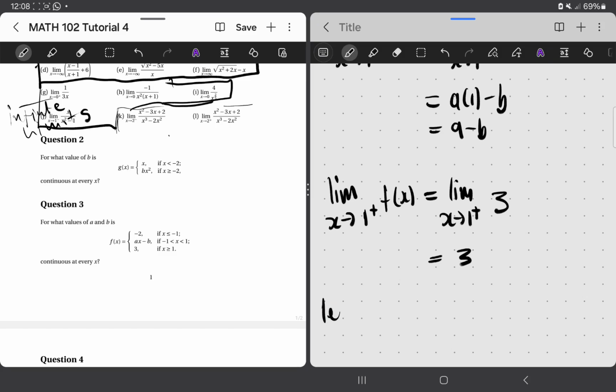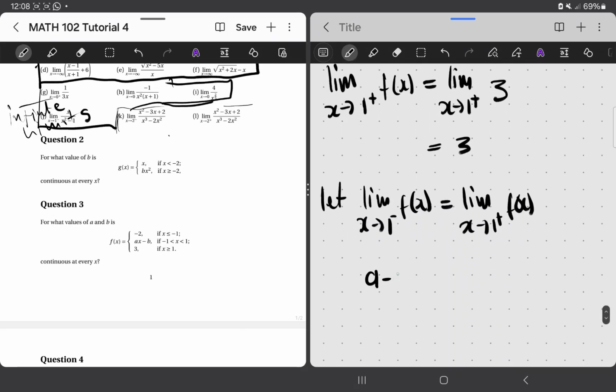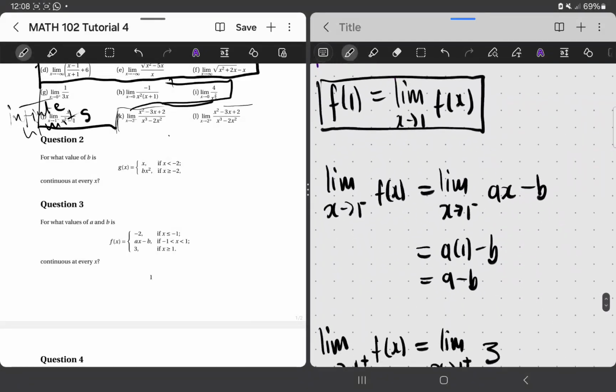So now we're going to let the limit as x approaches 1 from the left of f of x be equal to the limit as x approaches 1 from the right of f of x. As we come from the left, we found it as a minus b. So a minus b should be equal to 3. But we know what b is.